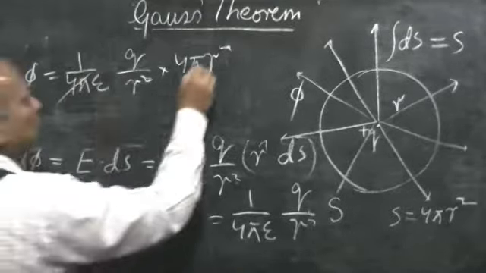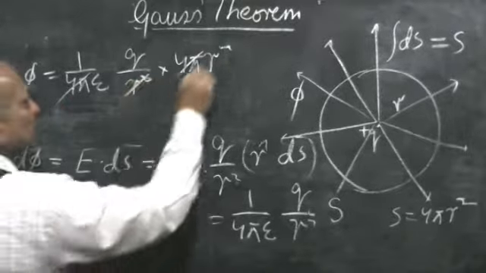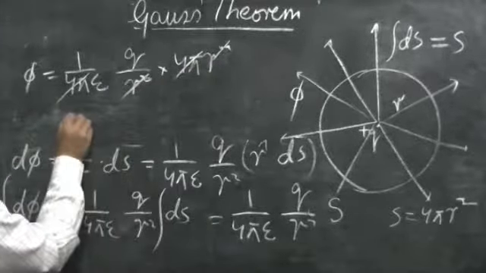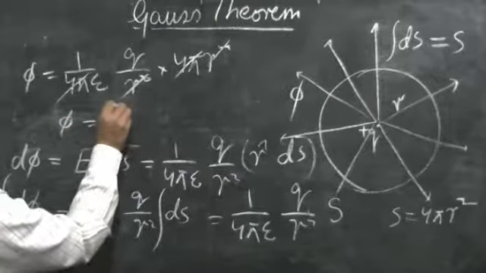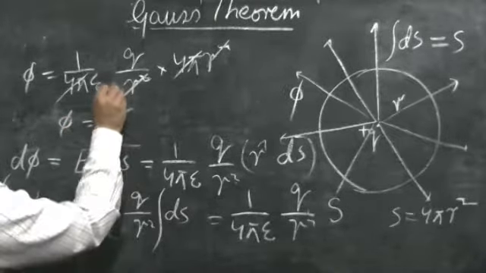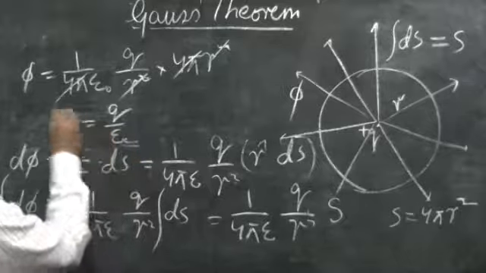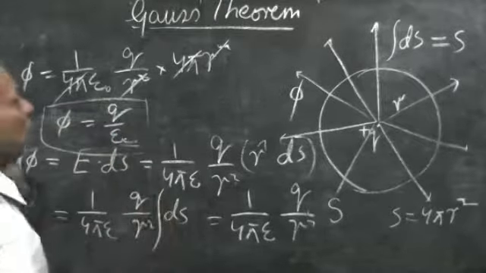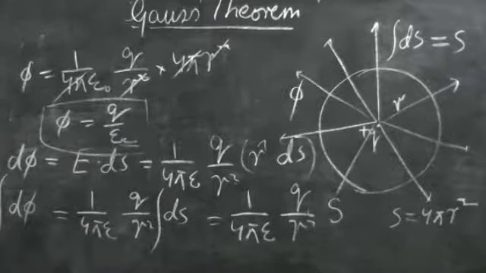This 4 pi will cancel, this r square will cancel. Now flux is equal to q upon epsilon naught. This is the proof of Gauss theorem.